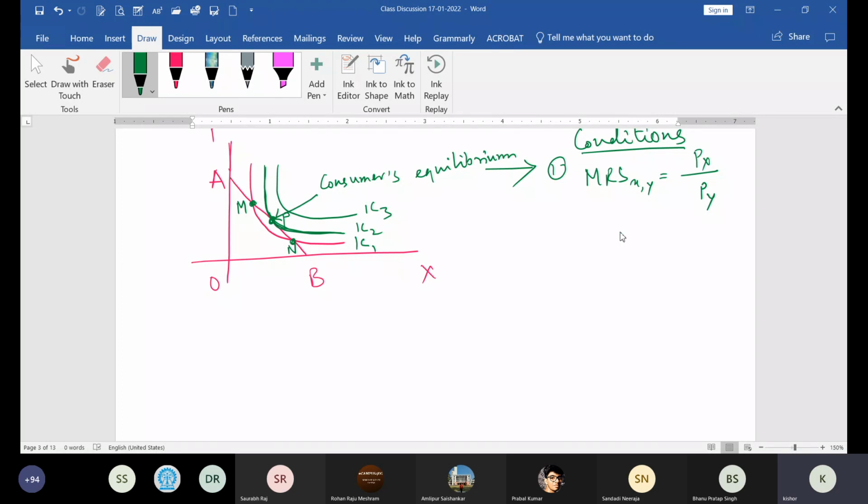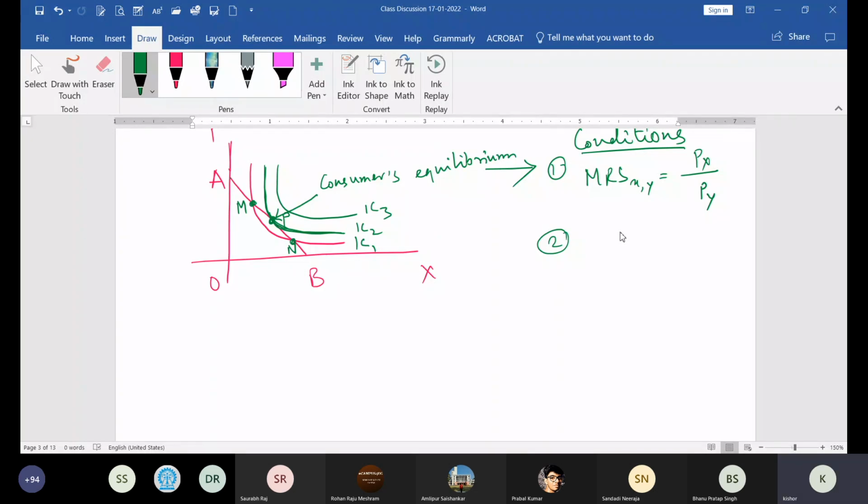And the second order condition, or supplementary condition, is that the first order condition must be fulfilled at the highest possible indifference curve, because the first condition may be fulfilled at three points, or in between there may be many more indifference curves.